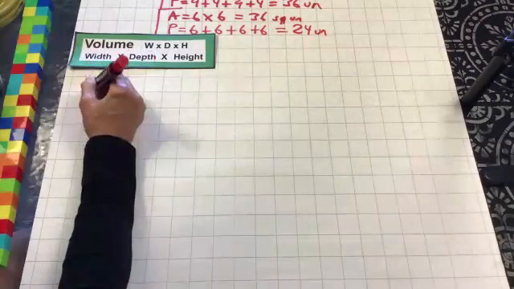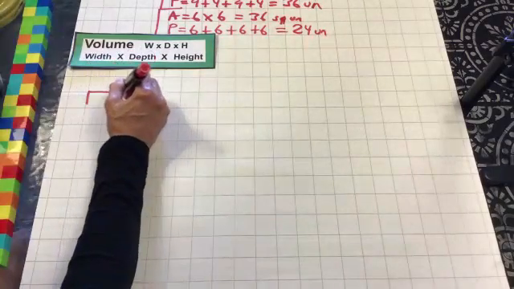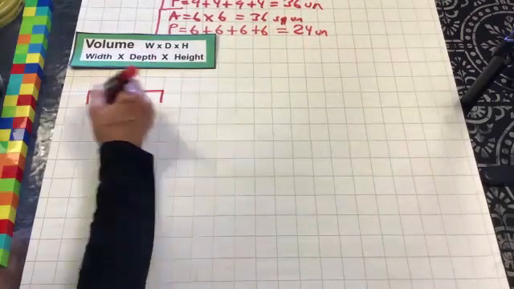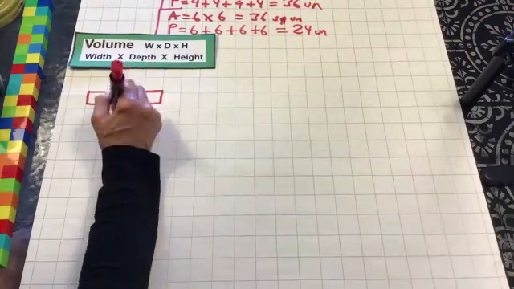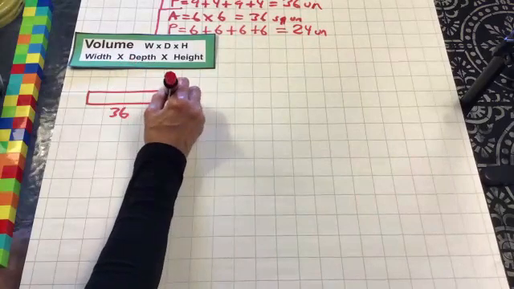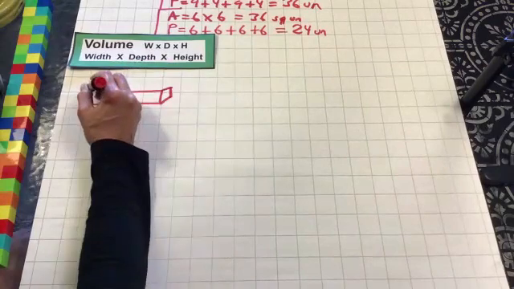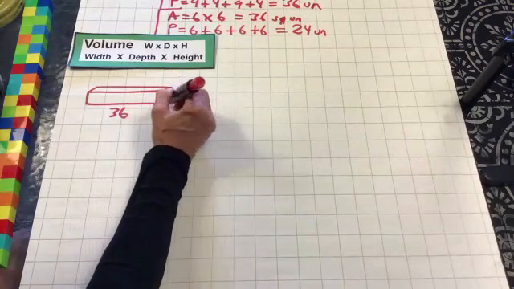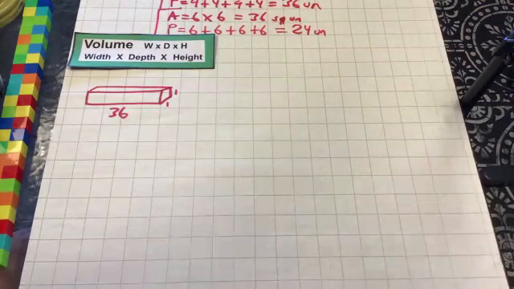So let's do, first off, our 36 wide, 1 deep by 1 tall. That's what it looks like.